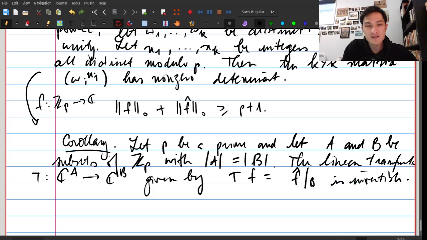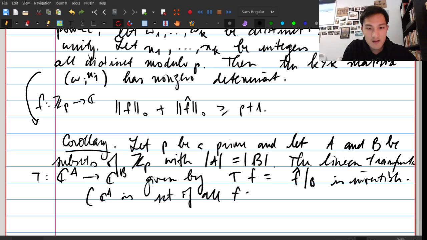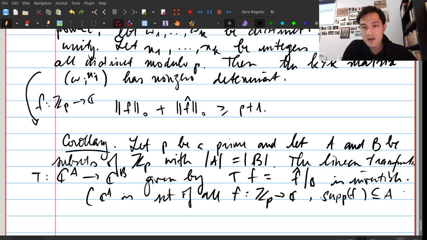Okay, so there's some notation here. C^A is the set of all functions from A to C, but because A is a subset of Zp, we'll think of C^A as the set of all f from Zp to C such that the support of f is a subset of A. And likewise for C^B.